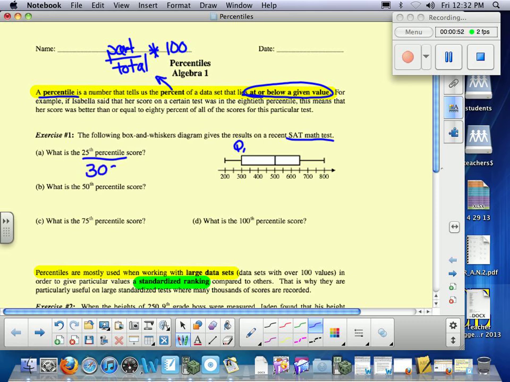So 300 is our 25th percentile score. 50th percentile, we don't usually call it a Q2, we usually call it a median, but it means that half of the kids scored a 500 on that math portion or less. And so then 75th percentile would be our Q3, and if I read the scale correctly, I believe that's 650.